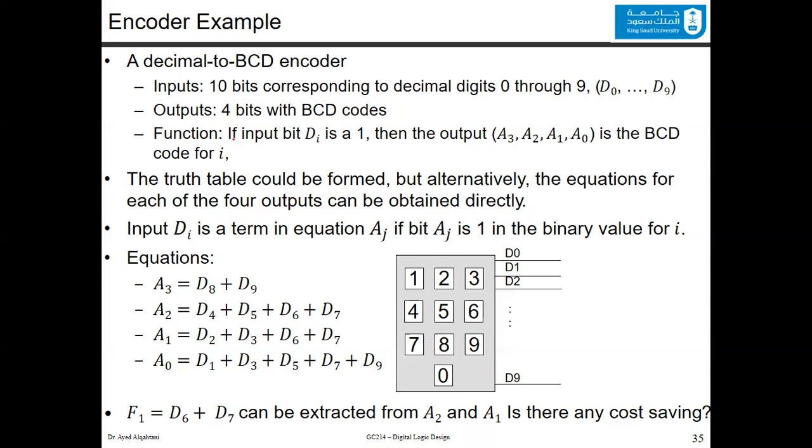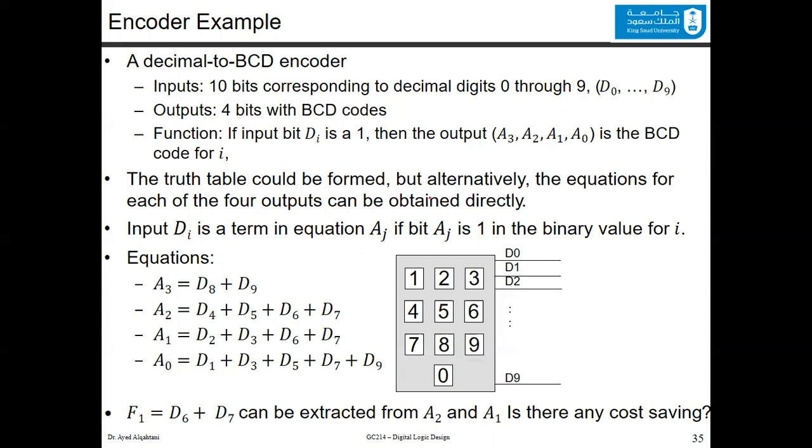So the function is, if the input bit D of I is 1, then the output will be the binary representation of I as 4 digits, A0, A1, A2, and A3. And that will be the BCD code for the I.